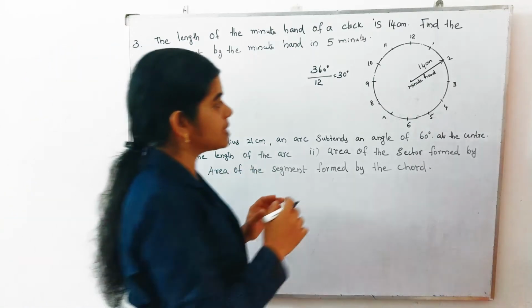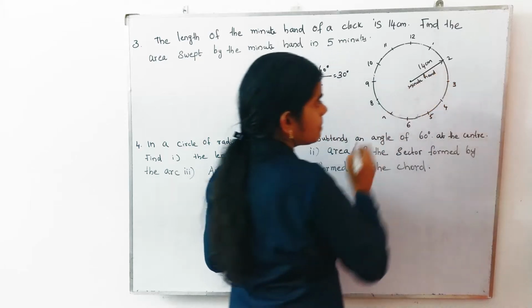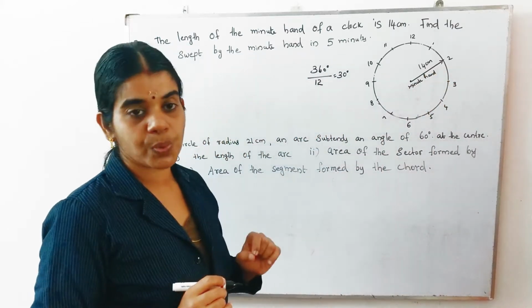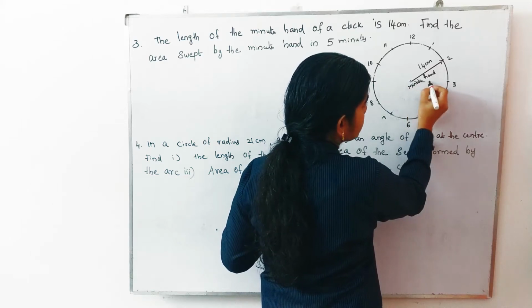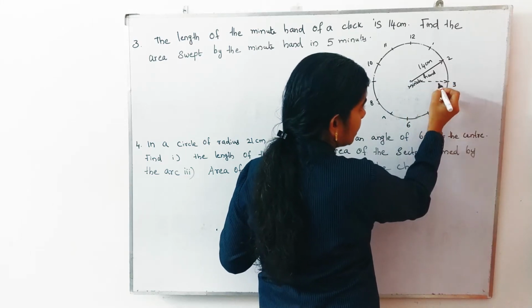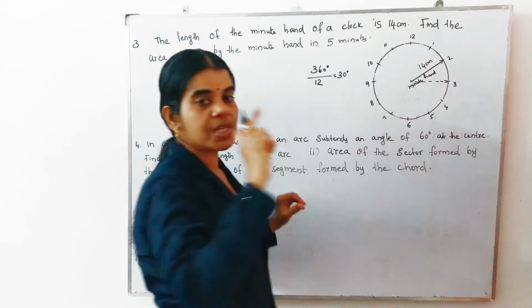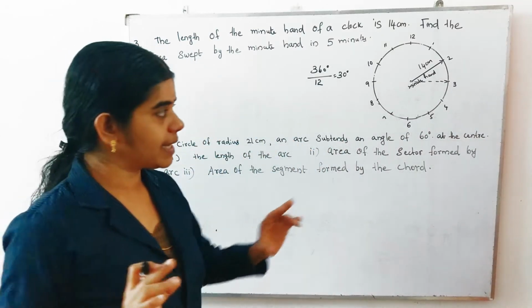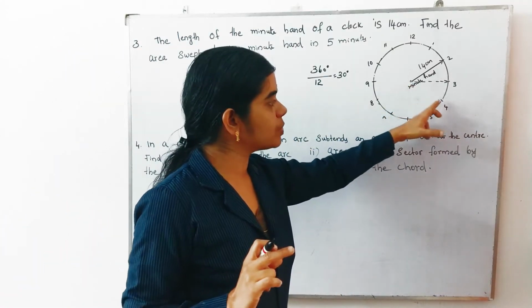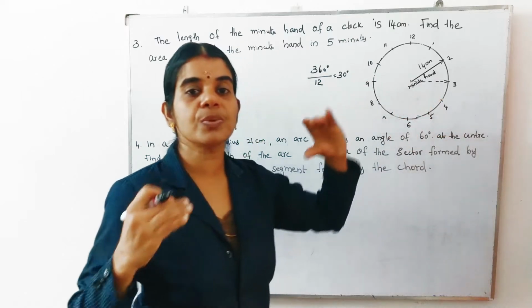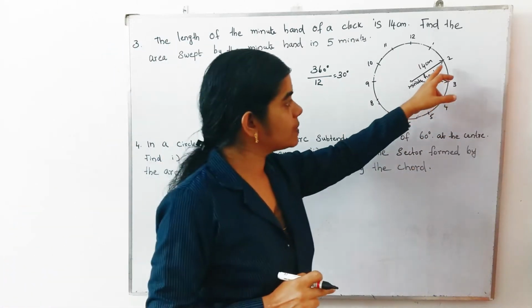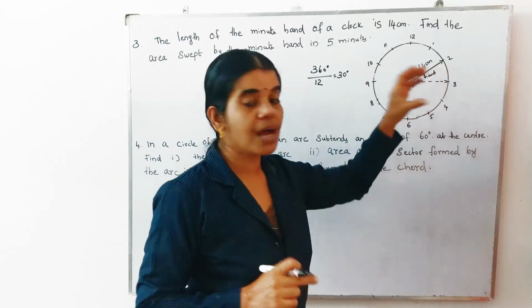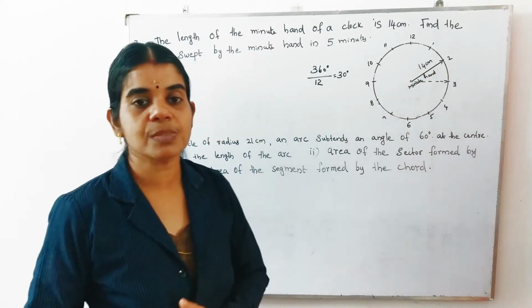Suppose the minute hand is at 2 and it is moving to 3. So how much degree did it move? 30 degree. If the needle is moving from 3 to 4, then also it is moved by 30 degree. So you know that 2 to 3 means how many minutes has this minute hand moved?